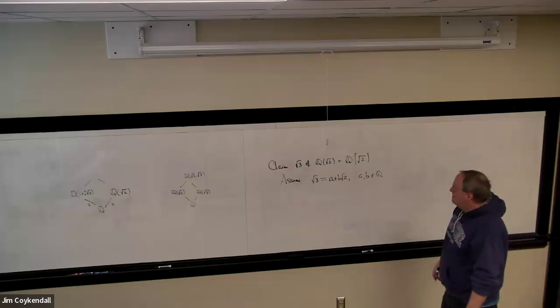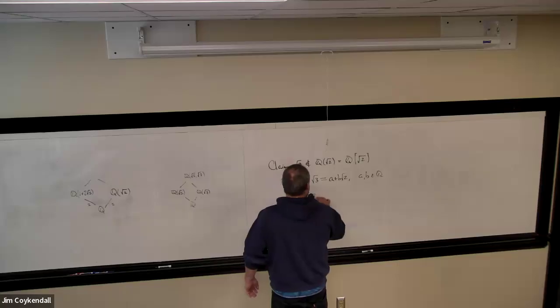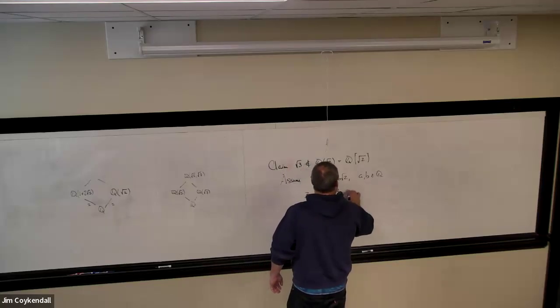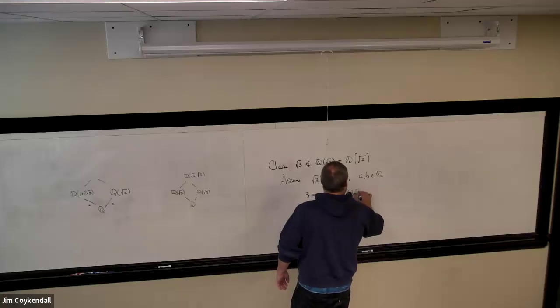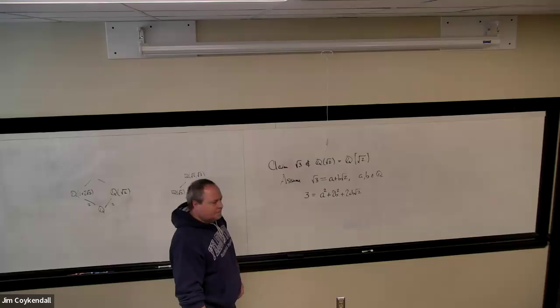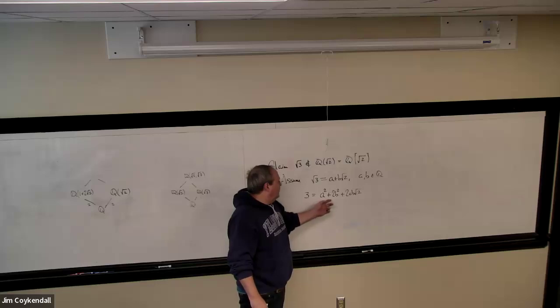Right? Well, let's just square both sides. Now, these terms here, three a squared and two b squared, are all rational numbers.